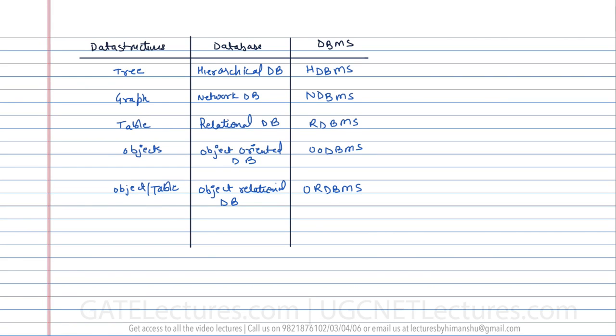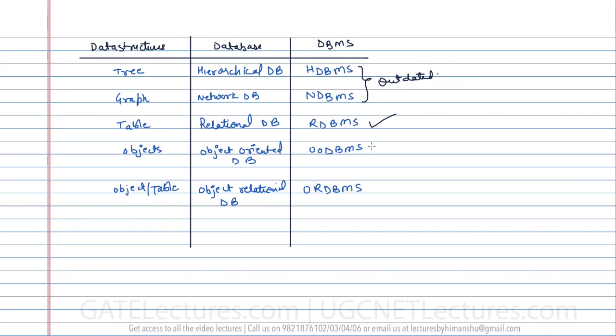Now, among all these different types of databases, the hierarchical database management system and NDBMS, that is the network database management system, are now outdated. That means we don't use them anymore. In this subject we are going to study the relational database management system.